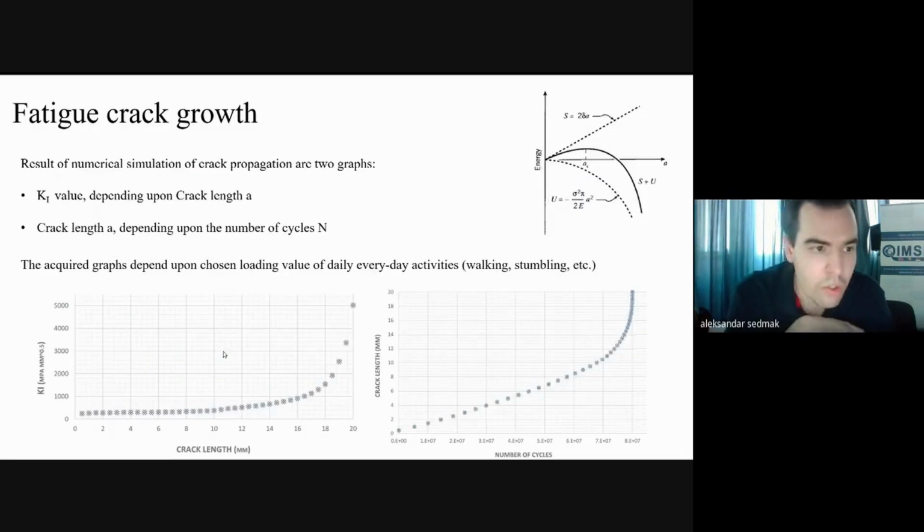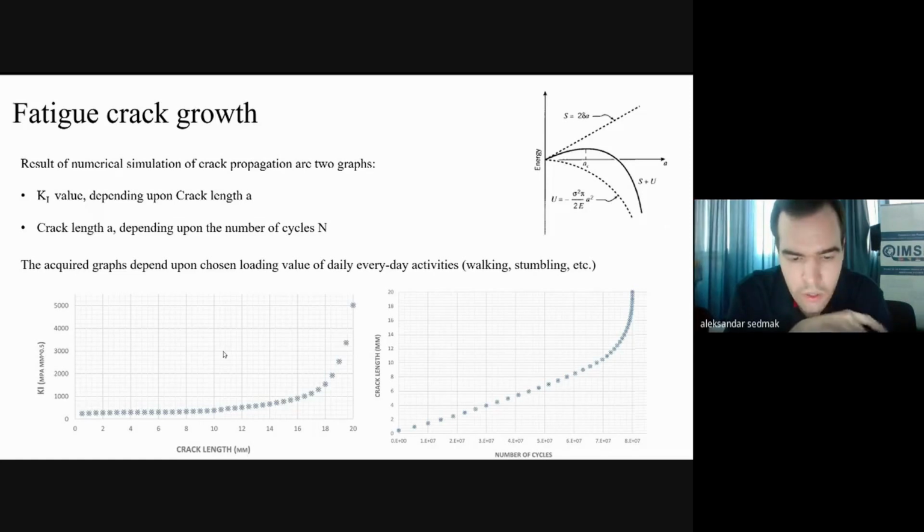Then as results, we have 2 graphs. Usually we consider 2 graphs as a result. The first one to the left is the K1 value depending upon crack length, and on the picture to the right, you have the crack length depending upon the number of cycles.